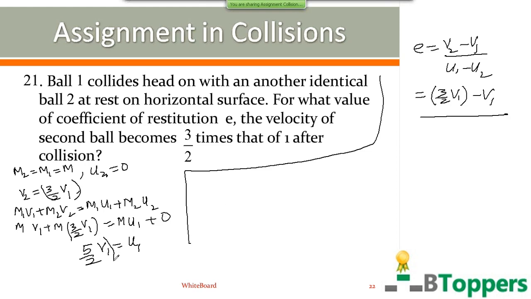In the denominator, substitute U1 equal to 5 by 2 times V1. U2 is 0. So this simplifies further: V1 by 2 divided by 5 by 2 V1. So we get E equal to 1 by 5. That's the answer.